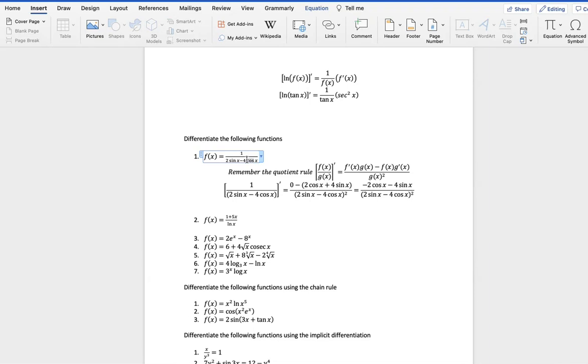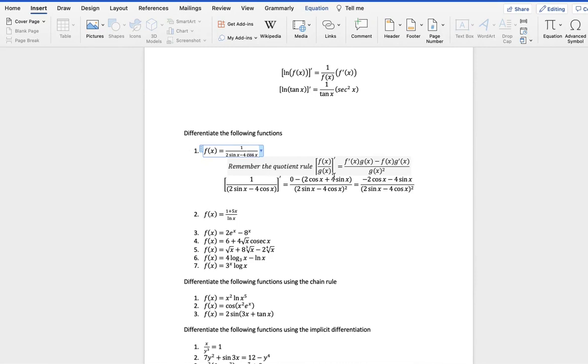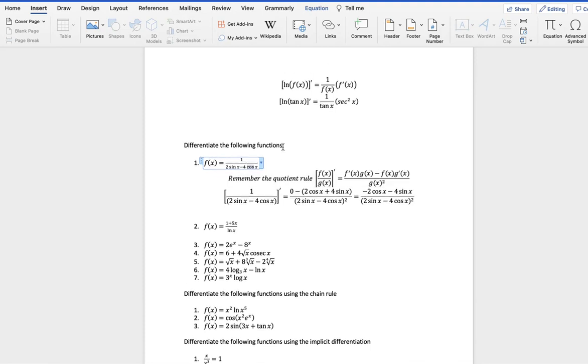Okay, yes, you could do that as well. If you get the same final answer, then it's fine. Yeah, I don't see a problem with using it that way. It's just that for this particular example, I wanted to use the quotient rule, but you might as well also use some other rule that you know.